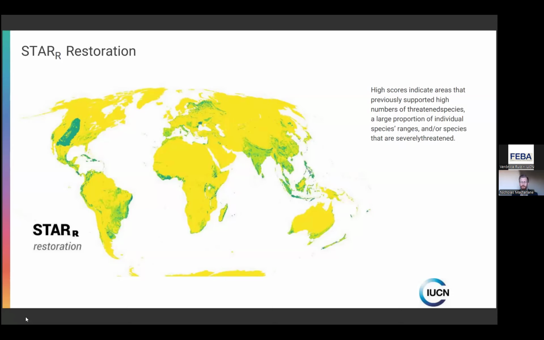These are sometimes, but not always, the places that have high STAR threat abatement scores. If you look across North America, that large green area in the central United States and southern central Canada reflects species of the Great Plains and grasslands that now have much, much reduced ranges.